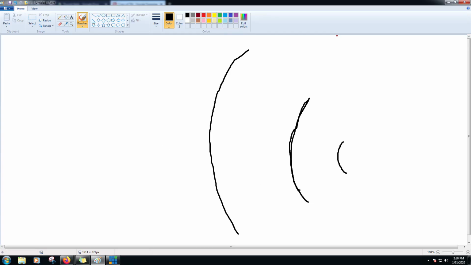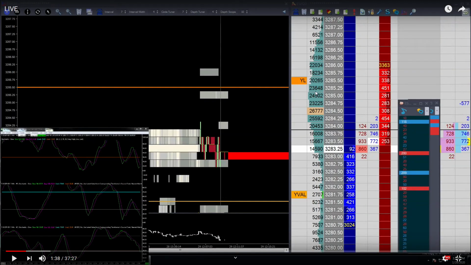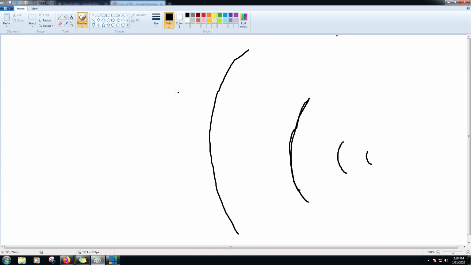So your bell curves, your distribution zones, are going to be different sizes. They can range from very large to the perfect size, to small, to even smaller. And this is a perfect size for the ES. The problem is if they're too big, your price action is going to look like this, right?